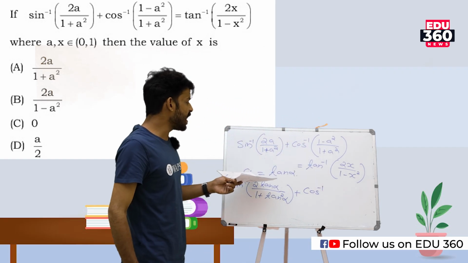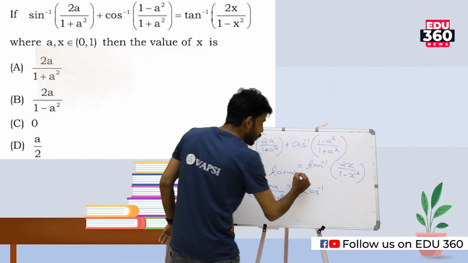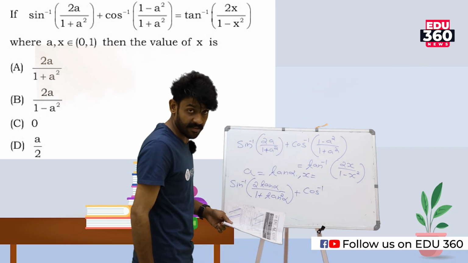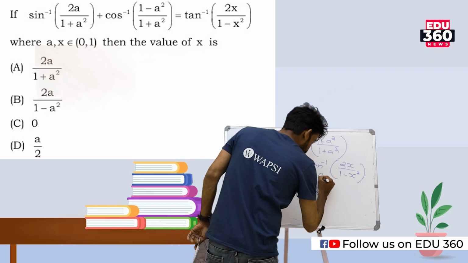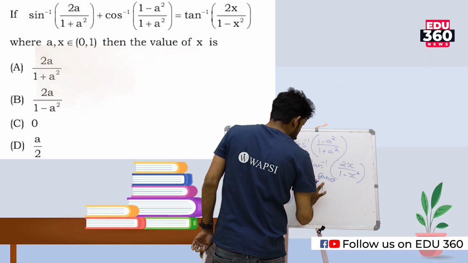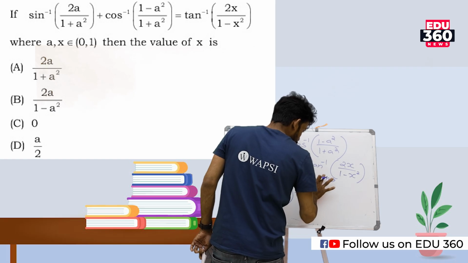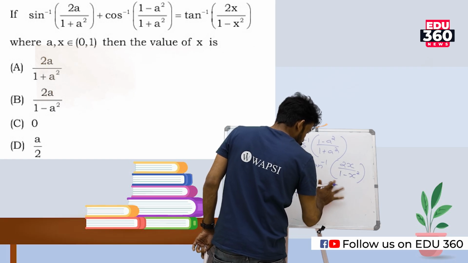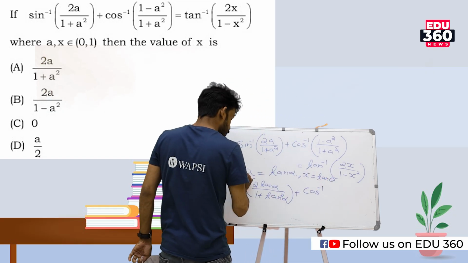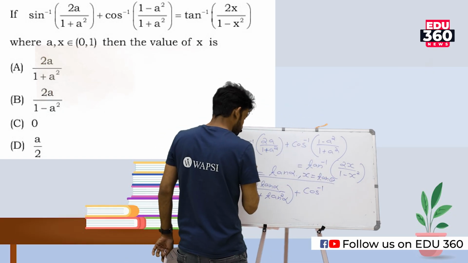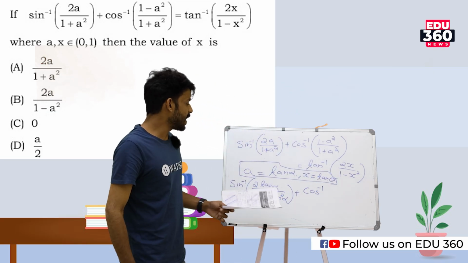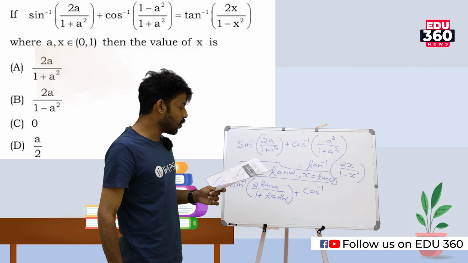We are going to substitute a is equal to tan alpha and also x is equal to tan theta. So we substitute this, and we have 2 tan alpha divided by 1 plus tan square alpha, then cos inverse.